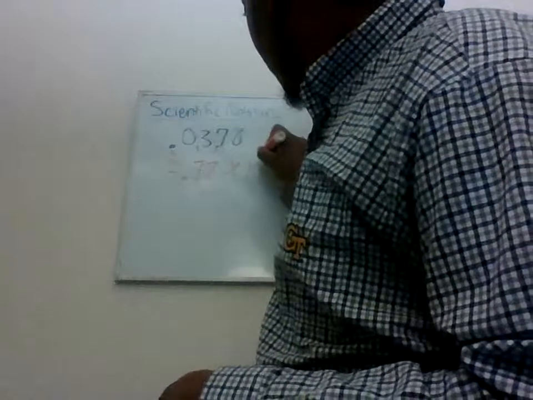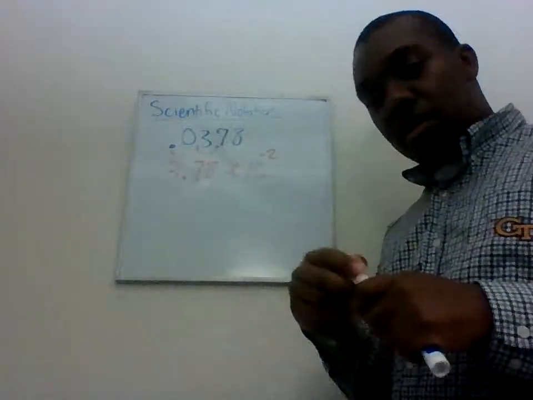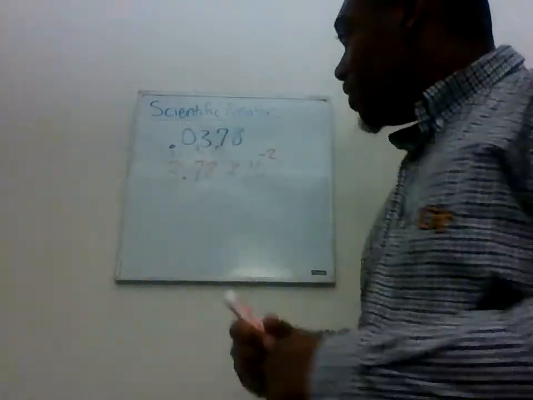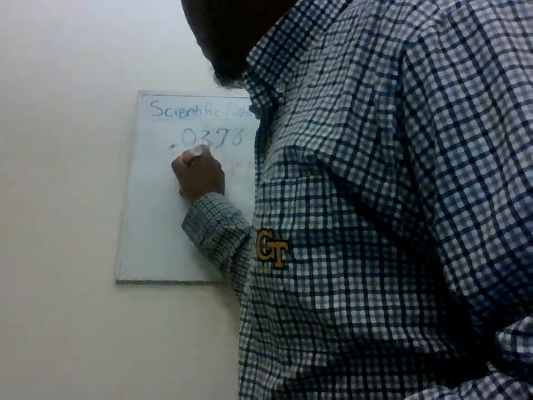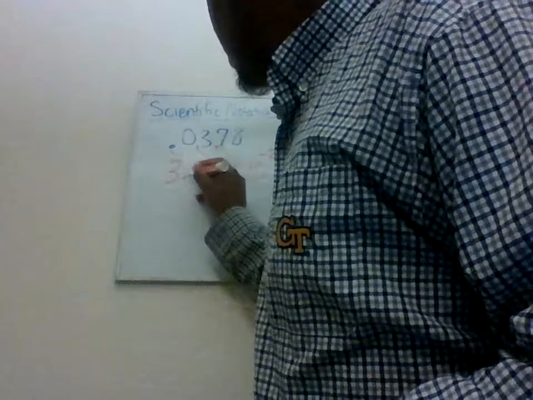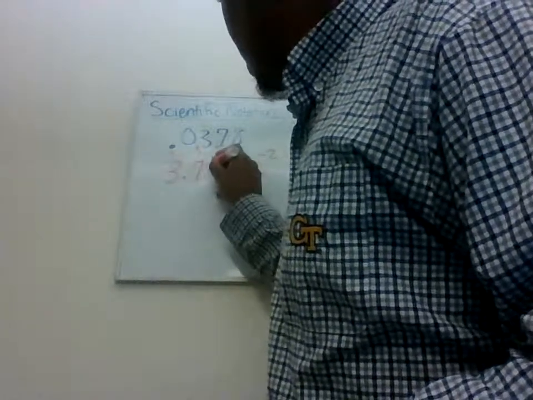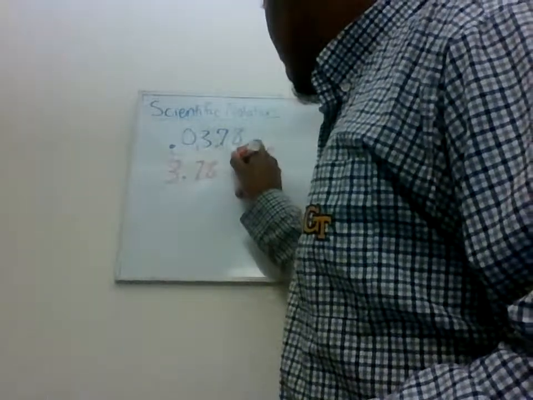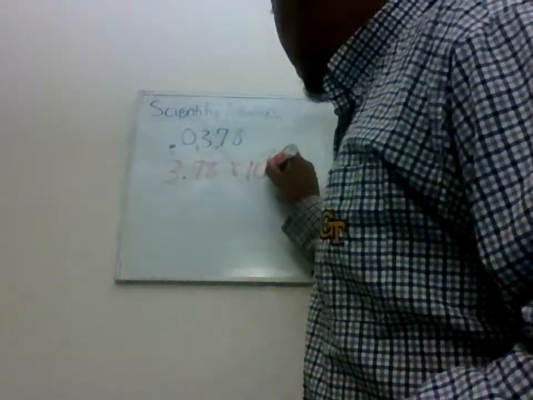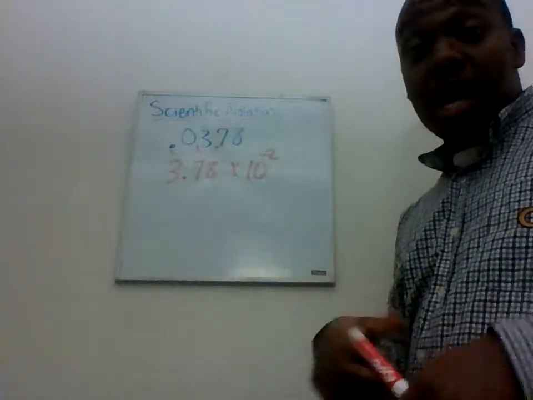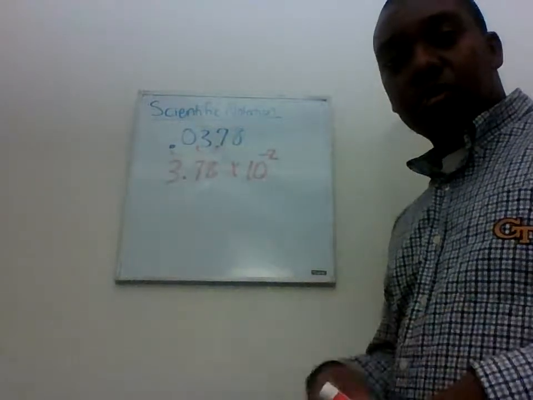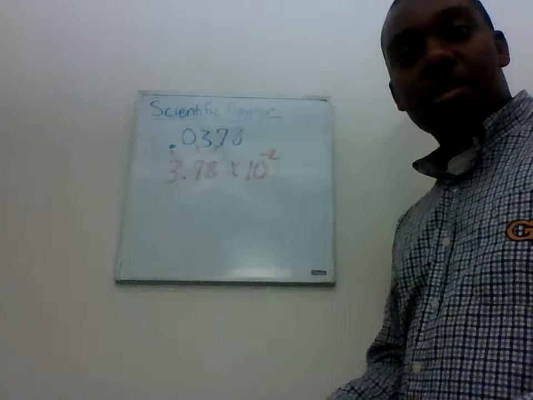So that'll be a -2 power. And that's it. So your answer for 0.0378 would be 3.78 times 10 to the -2nd power. And that is how you would change that to scientific notation. Okay, that's pretty simple, right?